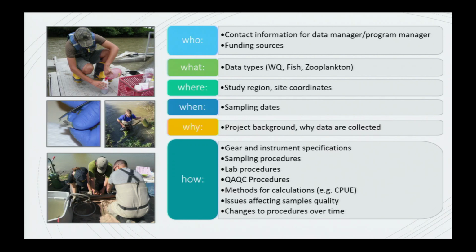So you want to get really specific about the gear and instruments you're using, your field procedures, lab procedures, what you're doing for QA/QC, your analysis, so any calculations you're doing, like catch per unit effort, and then any issues that might have affected your sample quality, like environmental changes or something wrong with the gear, and then changes to procedures over time. So changes to anything, site, gear, location, those types of things are really important to document.